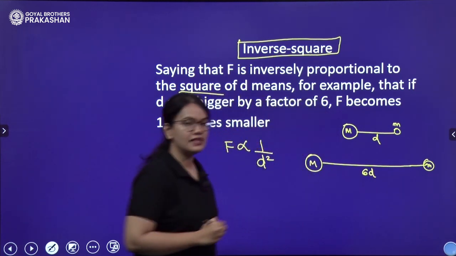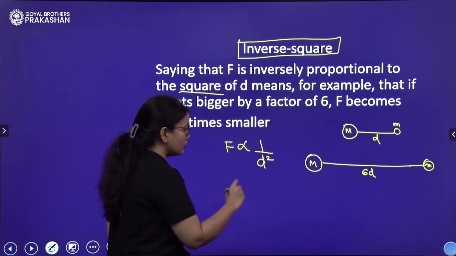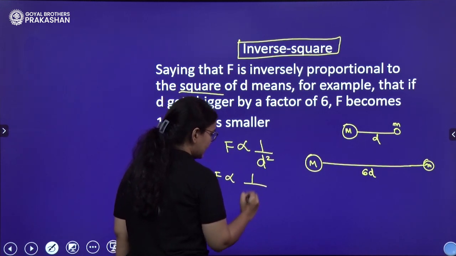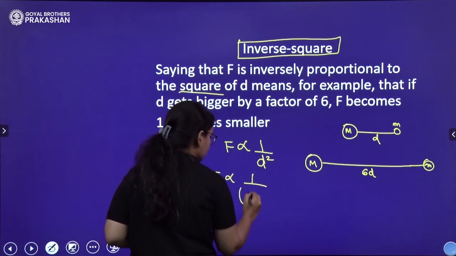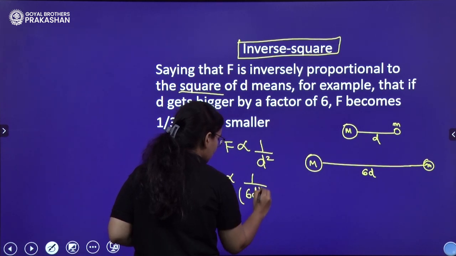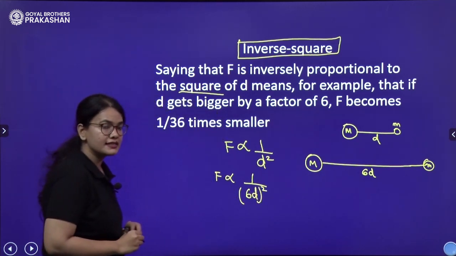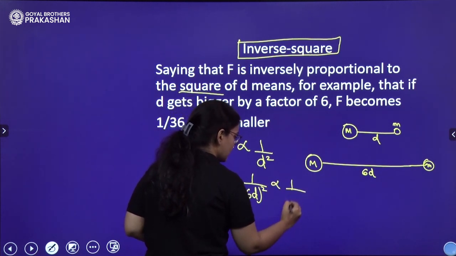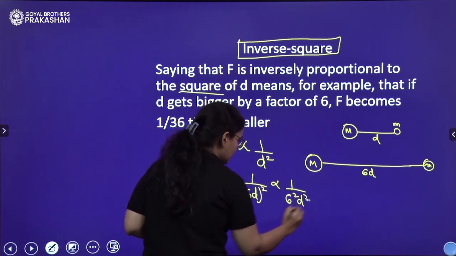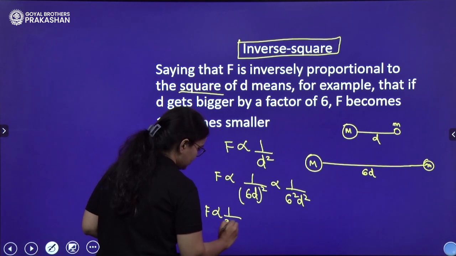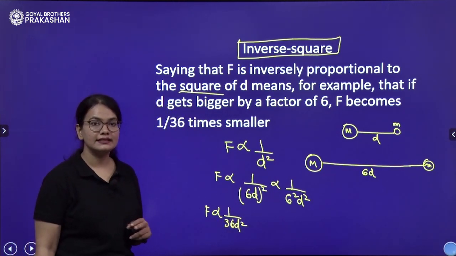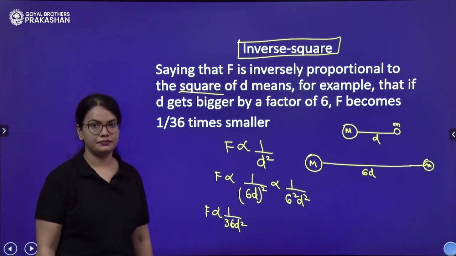Under this situation, how will the force change? See, instead of d, write 6d. This will be the formula, 6d whole square. Now open the square. This means F is inversely proportional to 36d square, right?